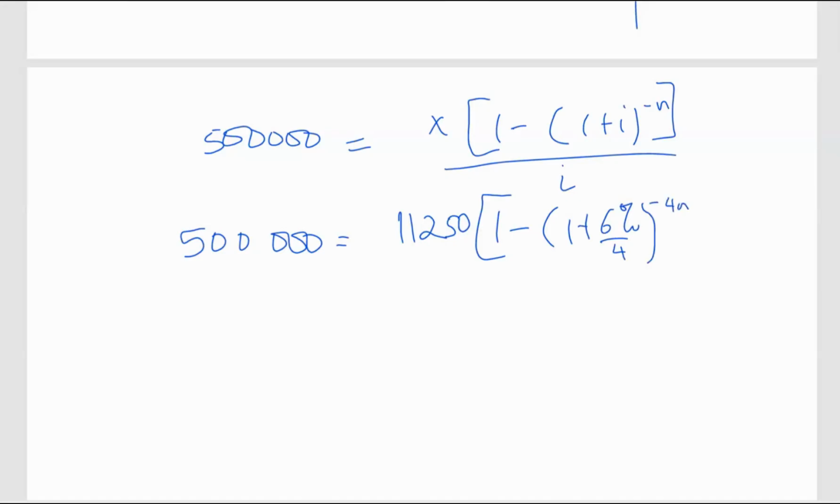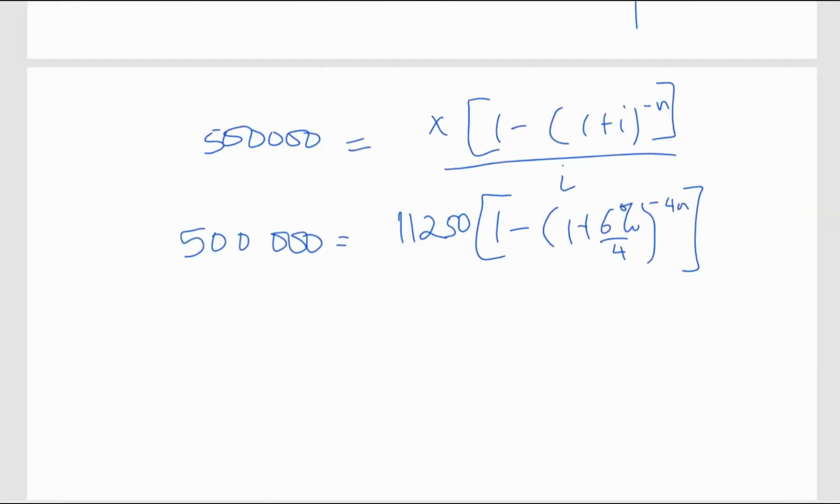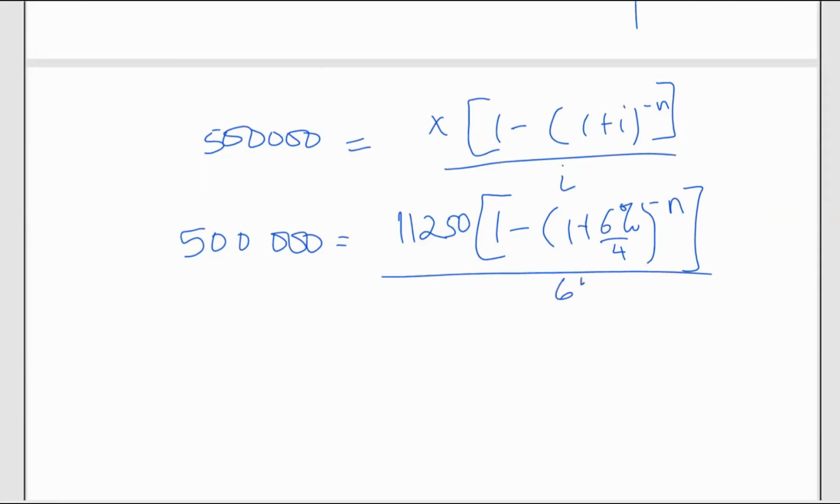This is going to be negative 4n, because what is the question asking for? Determine the number of withdrawals. So why am I multiplying by n? Let me just leave it as negative n, because now it will be 4 times the n itself. So let's just leave it as a negative n. And this is over 6% over 4.